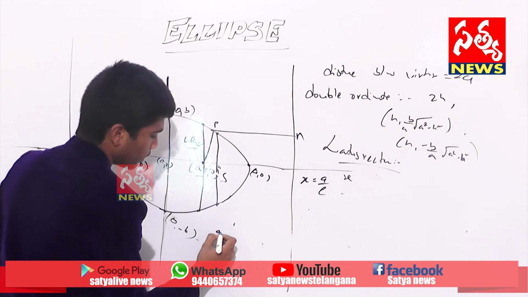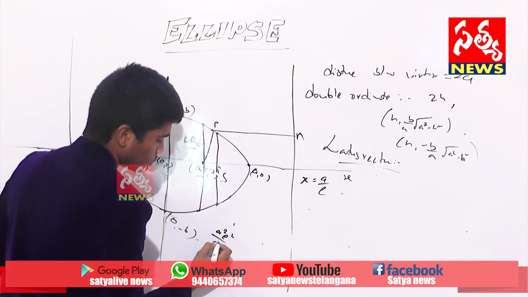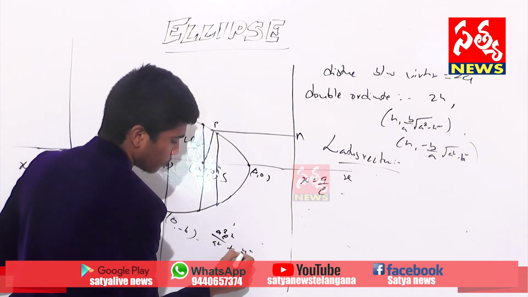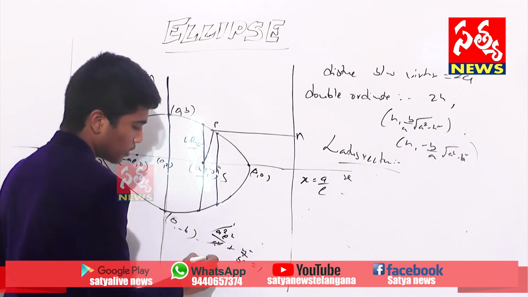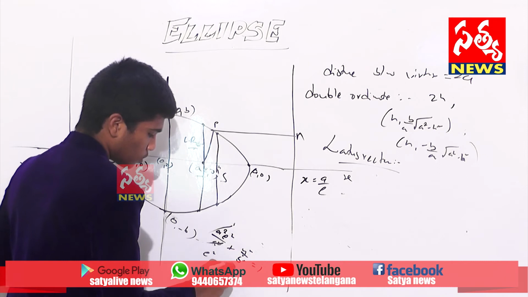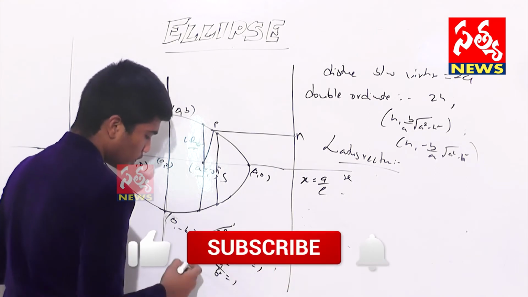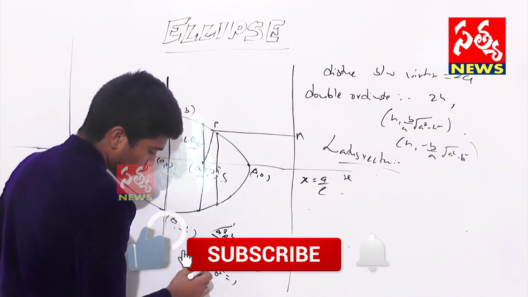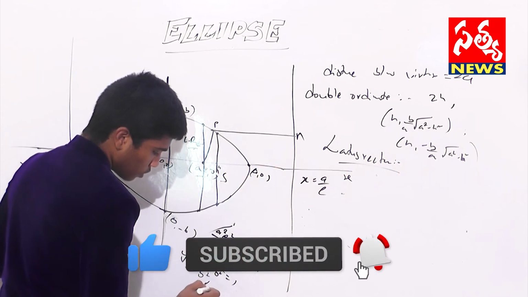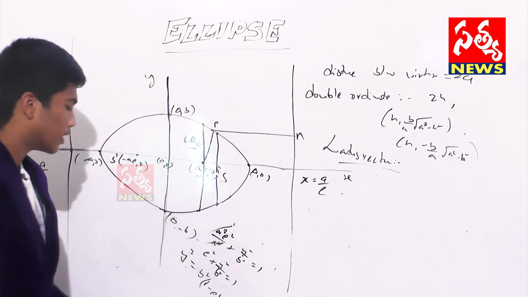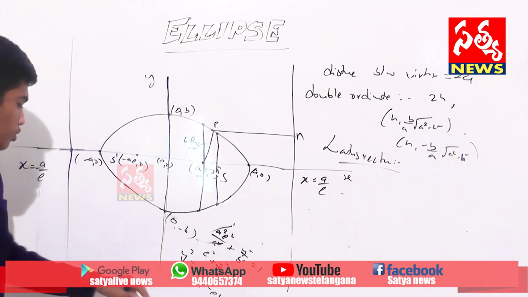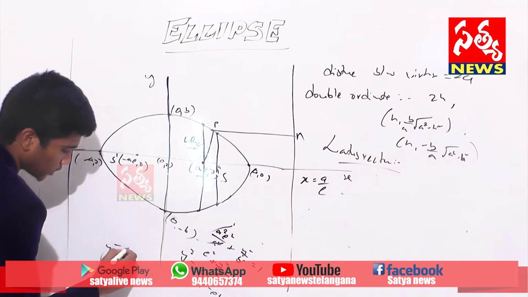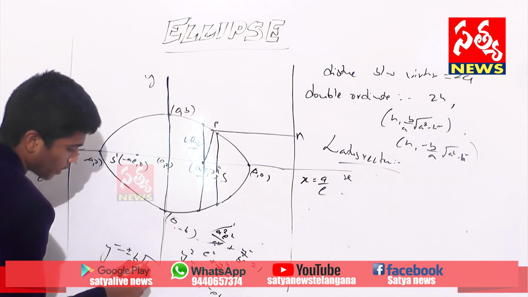So now a square e square by a square plus y square by b square is equal to 1. A square gets cancelled, and e square plus y square by b square is equal to 1, and y square is equal to b square into 1 minus e square. And same here, if we take the root on both sides, we get plus or minus, that is y is equal to plus or minus b under root 1 minus e square.